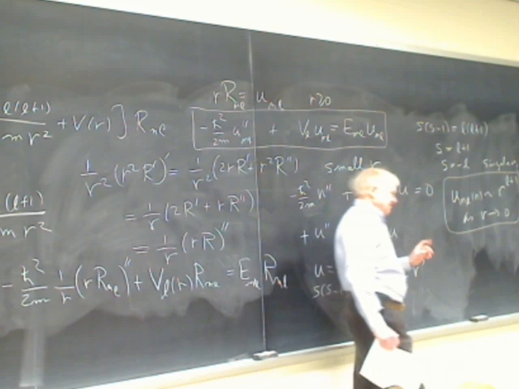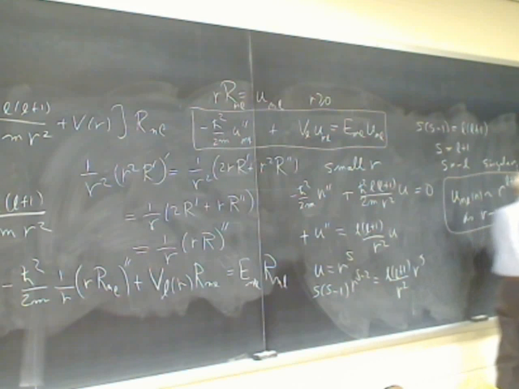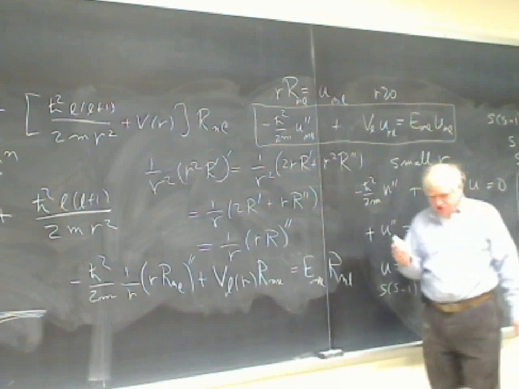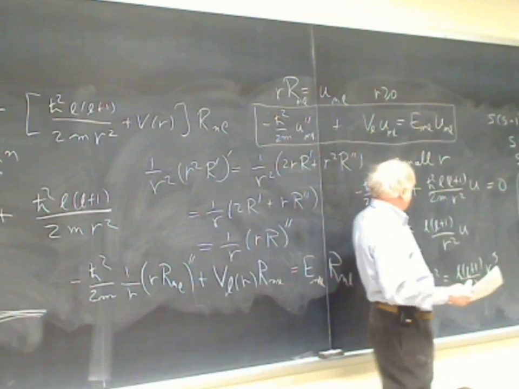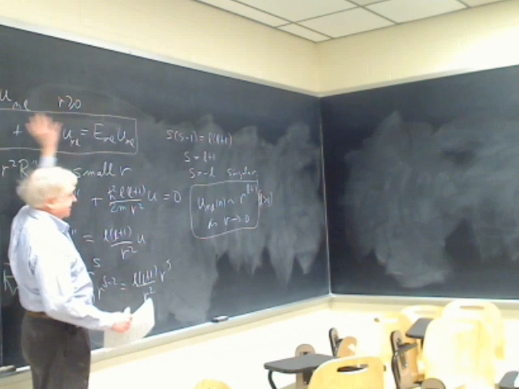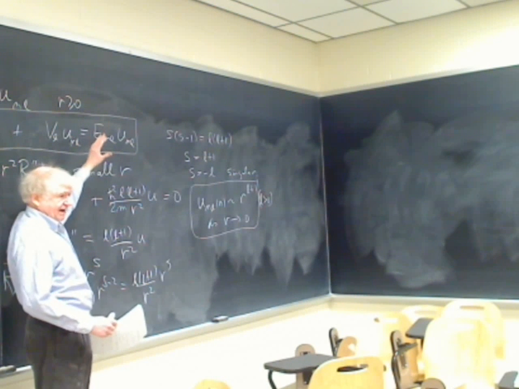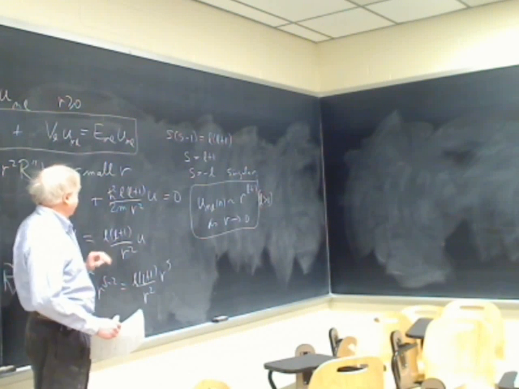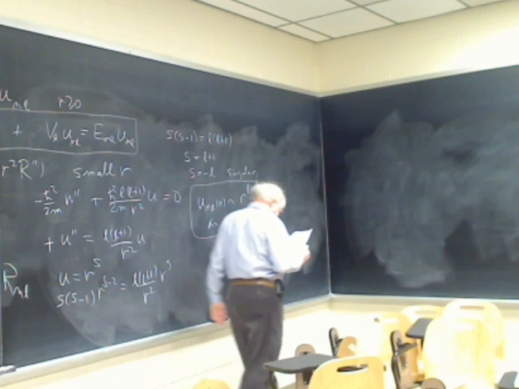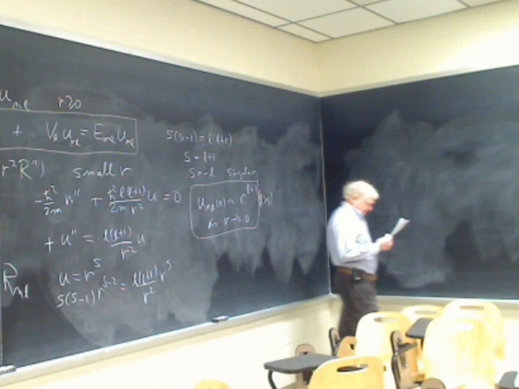So for L equals 0, you have to look at the potential and analyze the whole equation in the limit of r going to 0 to figure out what happens. In the case of hydrogen, it turns out that this is true even for L equals 0.